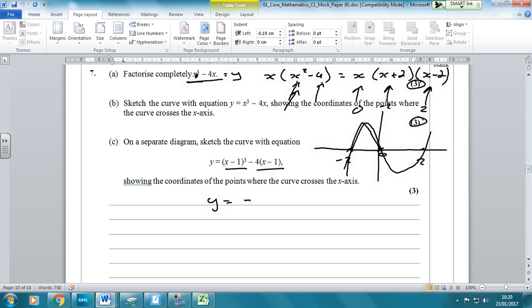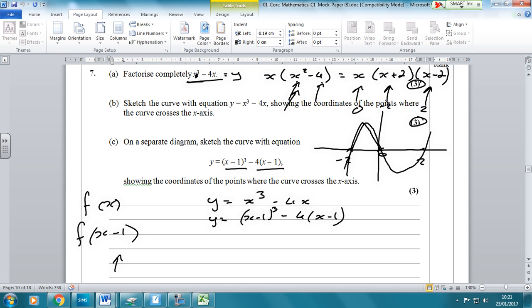So you've got y equals x cubed minus 4 lots of x, and y equals x minus 1 cubed minus 4 lots of x minus 1. So if you've got a graph which looks like f of x, and then you've got to do f of x minus 1, all you've got to do is pick the graph up and move it to the right by 1. Because when you've got the x minus 1 in brackets, you just move it to the right by 1.